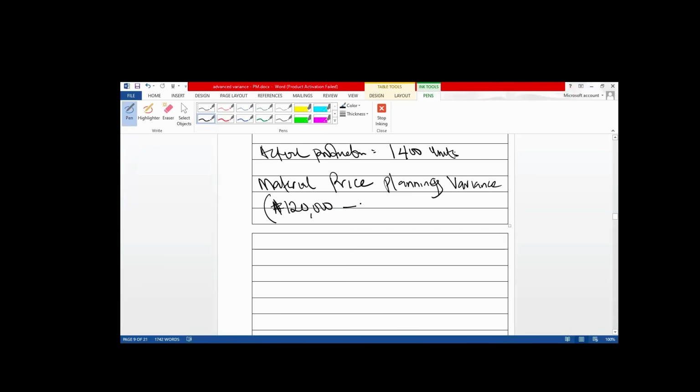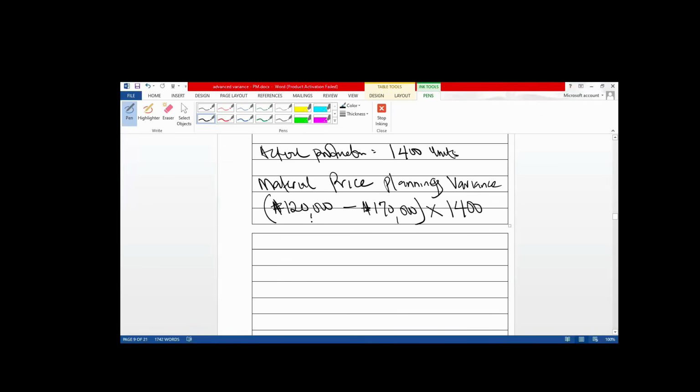Yes, 120 minus 170, multiplied by 1,400, actual material purchase. This will give you your material price planning variance. Original standard price is 120.